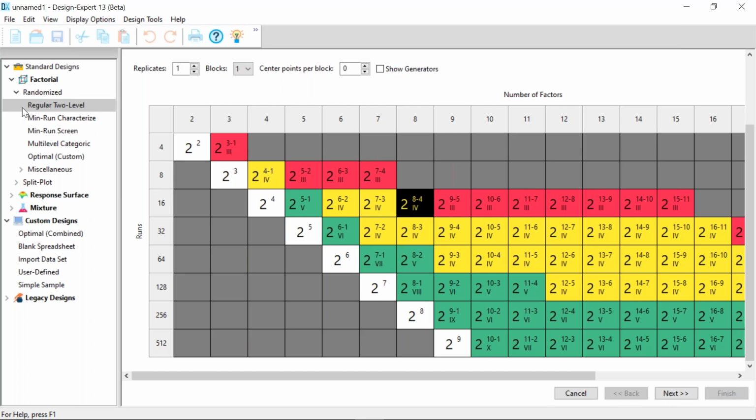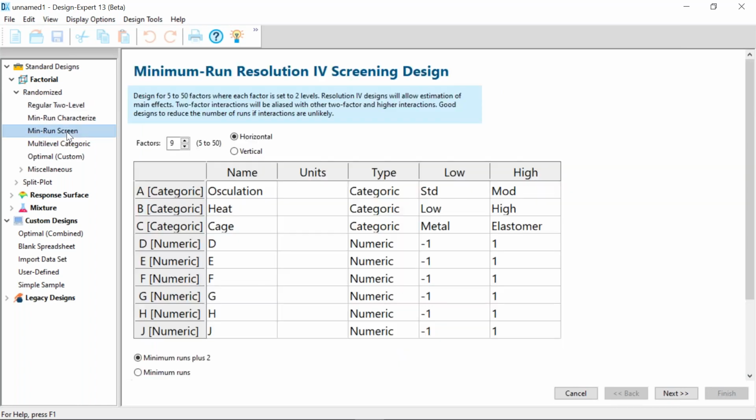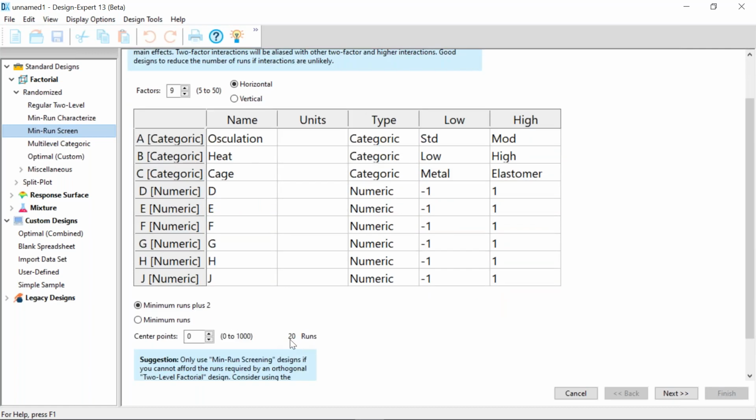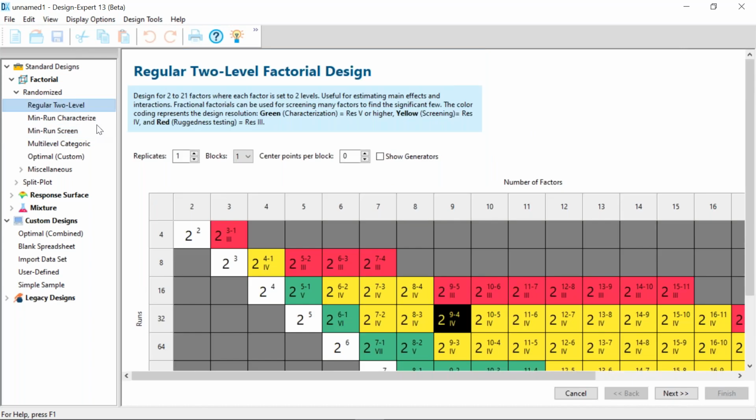And then before we press ahead, I should mention we also have more advanced modern designs that can give you minimum runs, so that if you go to 9 factors, for example, and you would have to do at least 32 runs to do a screening, you can do this minimum run screen, and you're able to then get down to only 20 runs, even putting 2 extra runs in, versus with the regular 2-level, you'd be forced to do at least 32.